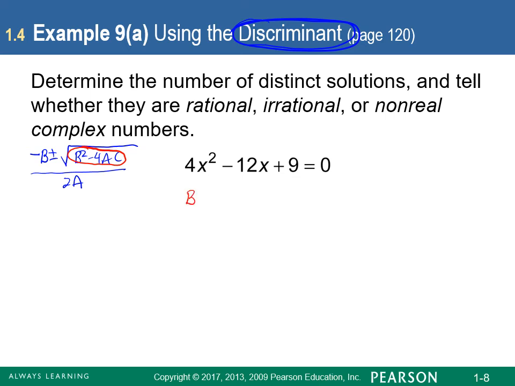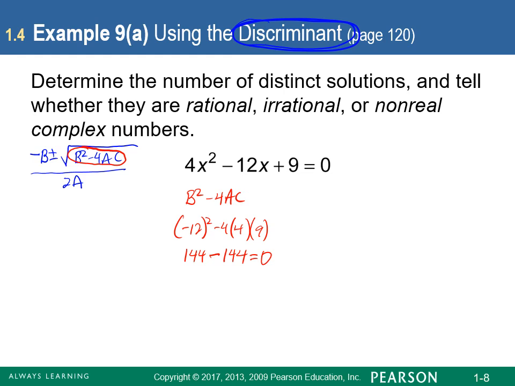So we're going to take the b squared minus 4ac all by its little self and substitute. For our problem, the b would be negative 12 and so we come out with the negative 12 in parentheses squared, which is a positive 144, and 4 times 4 times 9, which comes out to be a minus 144. 144 minus 144 comes out to be 0.